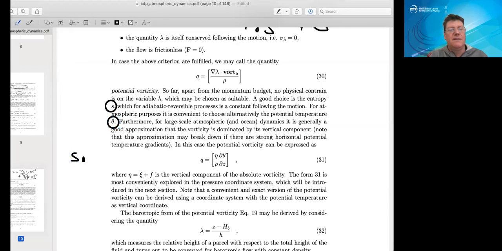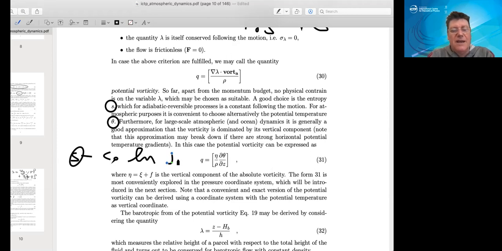Entropy is equal to Cp ln theta, sorry, the other way around: theta is equal to Cp ln entropy.